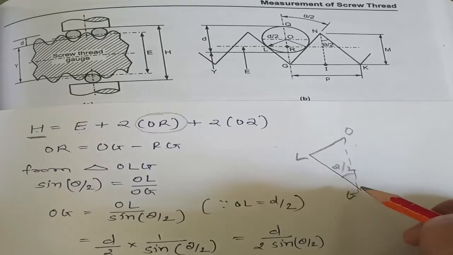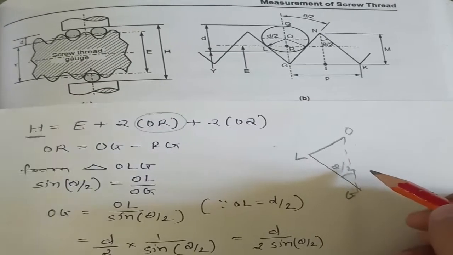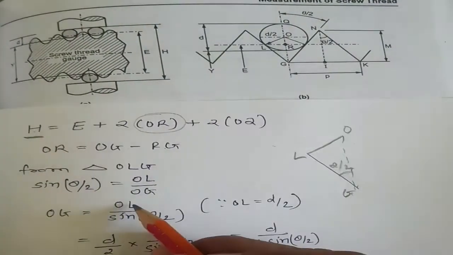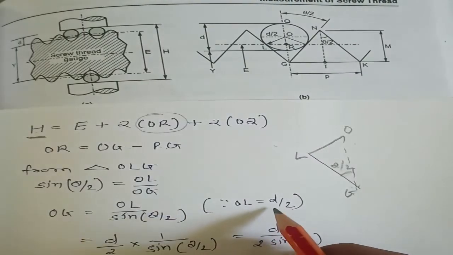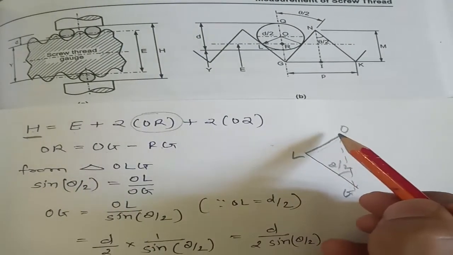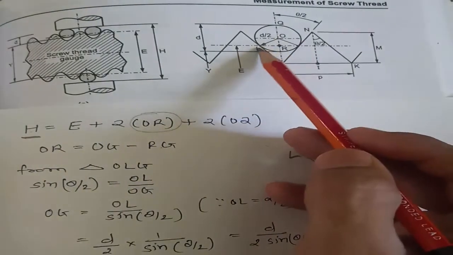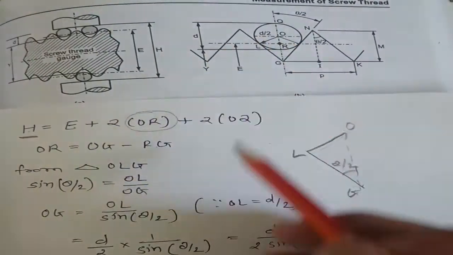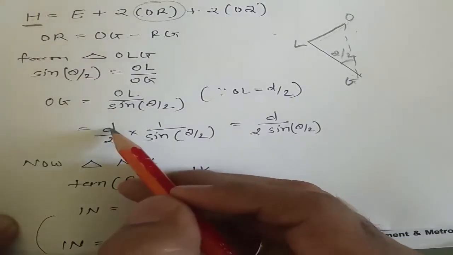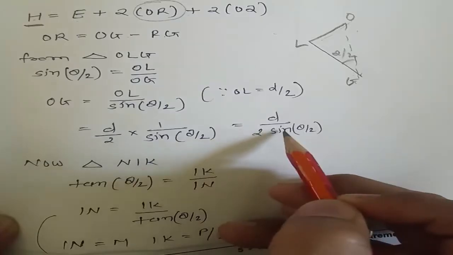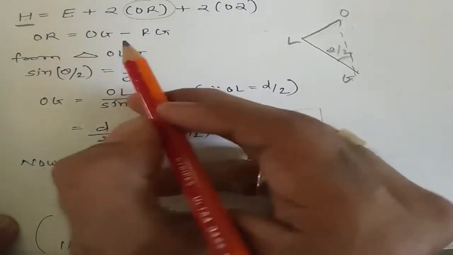So OG is equal to OL upon sine theta by 2, and from the figure OL is equal to D by 2. So OG is equal to D by 2 sine theta by 2.